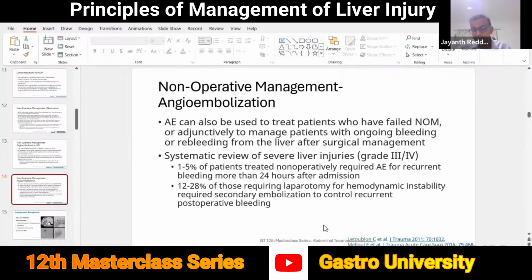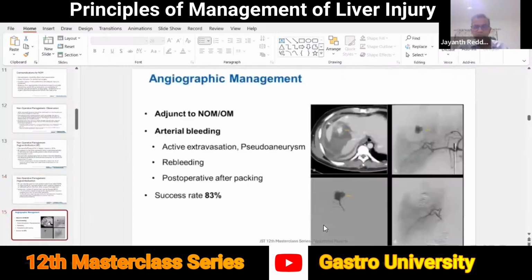And 12 to 28% of those requiring damage control surgery also benefited from angiography and embolization to control recurrent postoperative bleeding. So it's an important adjunct, and any pseudoaneurysm that is seen should be embolized and taken care of because of the high risk of rebleeding in these patients. And the success rate, like I said, is quite good.